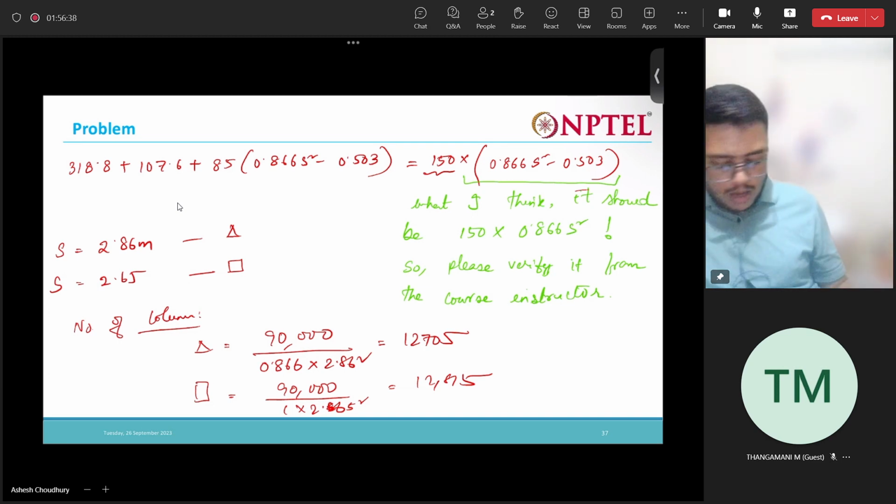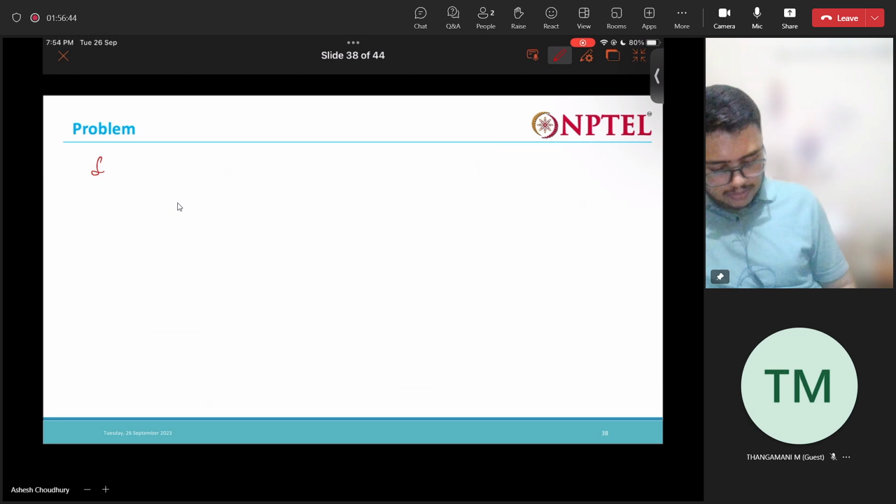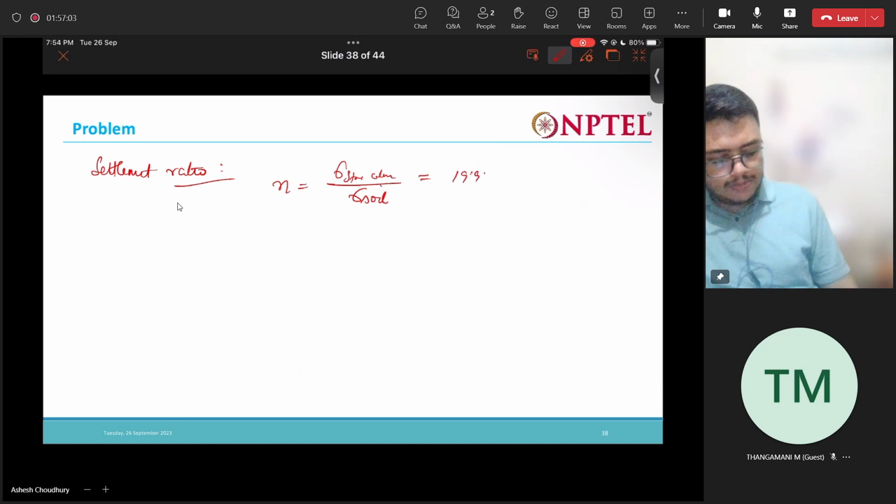And one more thing, in the solution that they have provided, in determining the settlement ratio, they have found n as sigma stone column by sigma soil, and it is coming out as approximately 19.92.